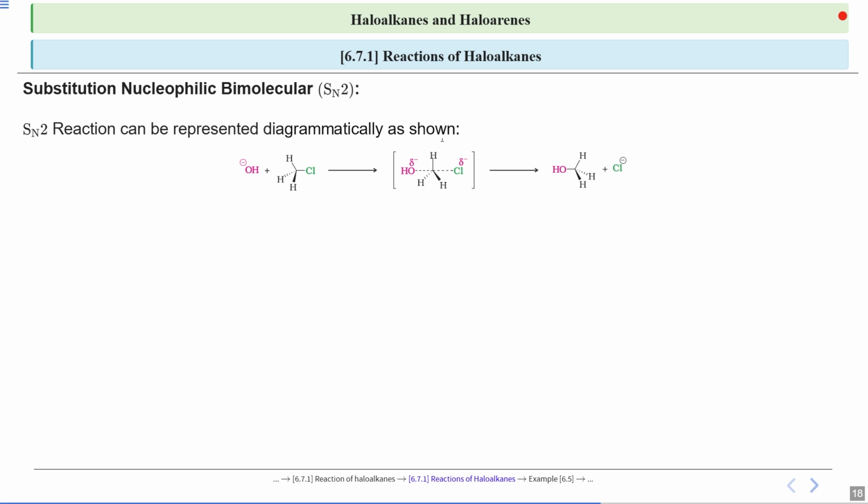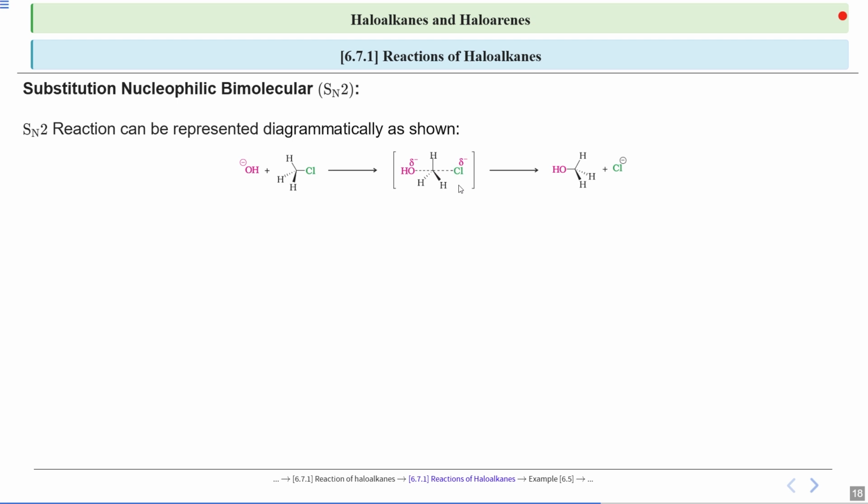Then there comes a transition state where the carbon is simultaneously bonded to 5 atoms, where the attacking nucleophile and the leaving nucleophile are both partially bonded with the carbon. The lone pair on our nucleophile attacks the carbon of the carbon-halogen bond, and then the carbon-halogen bond starts to break, and the shared electrons move onto the halogen.